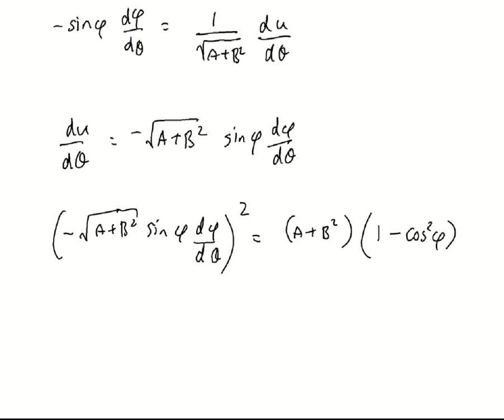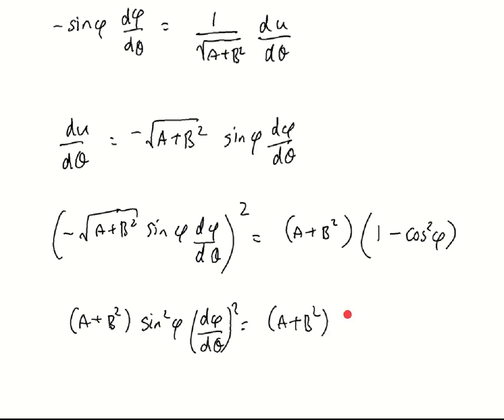Right, and now simplify it out. Minus sign goes away. a plus b squared sine squared phi, d phi by d theta squared is equal to, now you see things start to work, right, that's it, 1 minus cos squared is sine squared. How convenient.